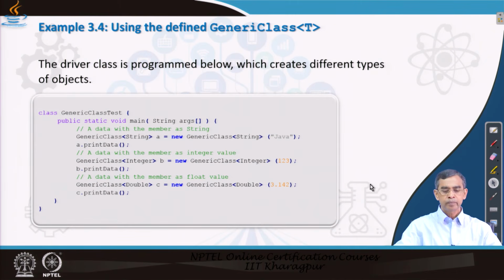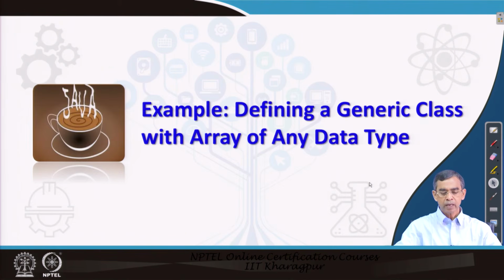So this example gives you a simple idea about how a simple generic class can be declared. Now, let us extend this idea a little bit deeper, in the concept of how we can define a generic class with an array that can store any data type.